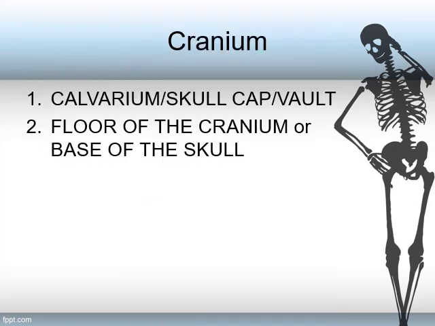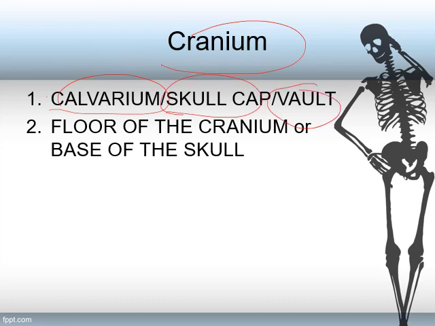So let's discuss first the cranium. Before we discuss the facial bones, we will discuss first the cranium. So the cranium is divided into upper and lower portions. The upper portion includes the calvarium, or in some reference books, it is called the skull cap or the skull vault.